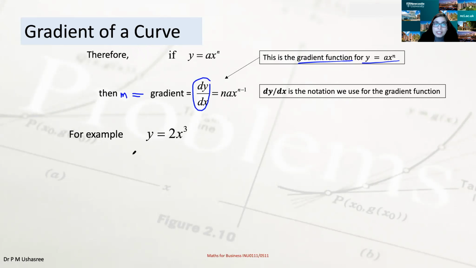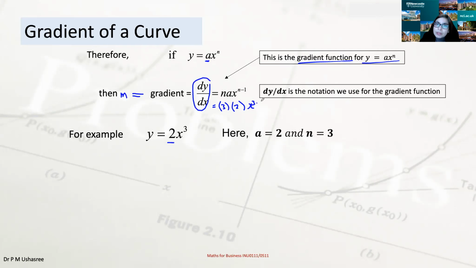For example, if I have a curve or an equation y is equal to 2 times x to the power of 3, then here a is nothing but 2, and the power n is 3. So what will be dy by dx? You have to just substitute. Dy by dx will be, n is 3, so 3 times a is 2, x to the power of 3 minus 1.